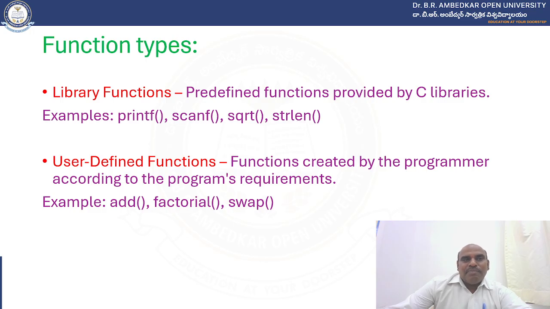Swap means interchanging of values, for that purpose we can use this function. So add, factorial, swap, these all are called user defined functions. Basically, function types: how many types are there? 2 types. One is library functions, another one is user defined functions.